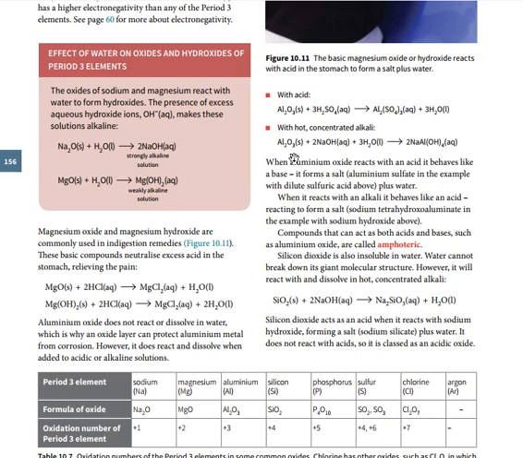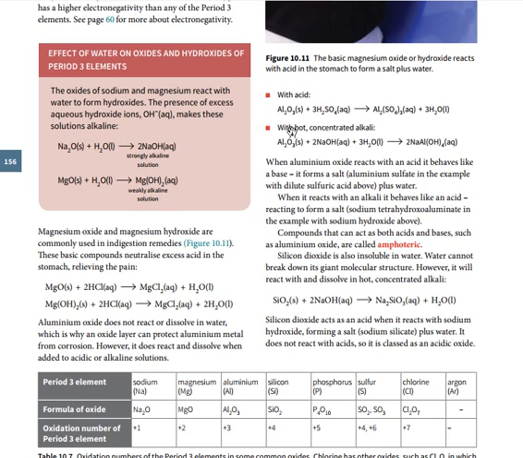Aluminum oxide is not going to dissolve in water to produce the hydroxide, because it is both acidic and alkaline, that is, amphoteric. So aluminum oxide can react with acid, and it can also react with alkali. It reacts with dilute sulfuric acid to produce aluminum sulfate plus water, salt and water only.